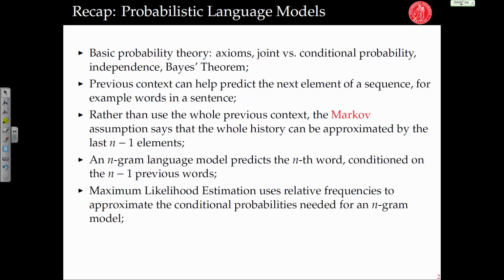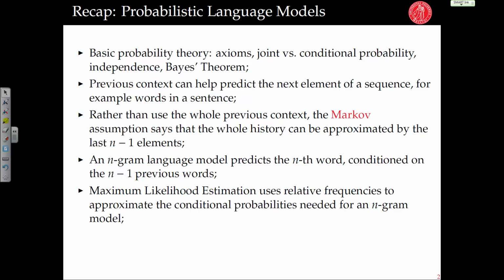And in order to learn these conditional probabilities and estimations, we used something called the maximum likelihood estimation, which uses relative frequencies to approximate the conditional probabilities. So in a bigram setup, a relative frequency means we look up, for example, say we have w_{i-1} and w_i.